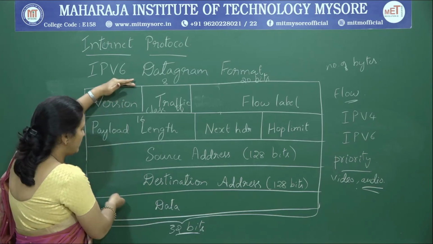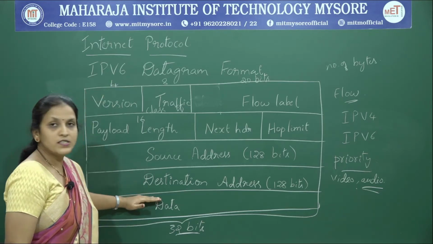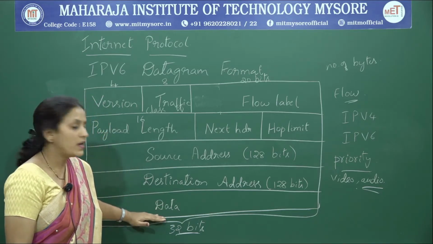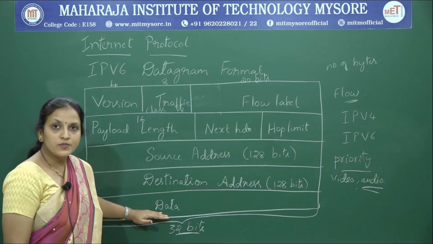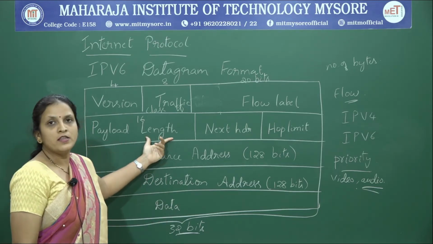Totally, the header constitutes 40 bytes of fixed length. After this 40-byte fixed-length header, the amount of payload data that this particular datagram carries is specified in the payload length field.